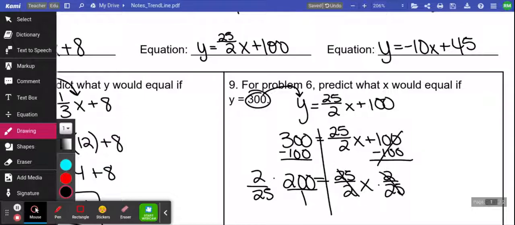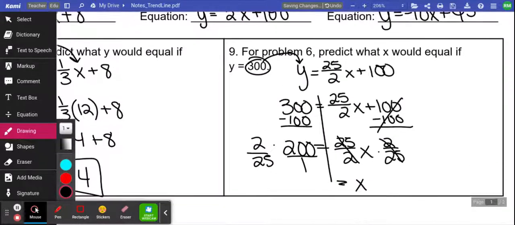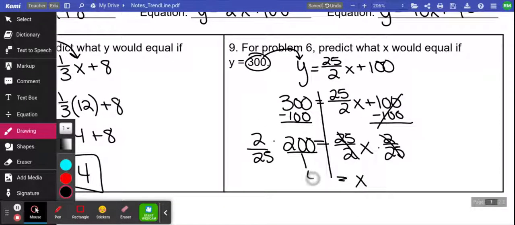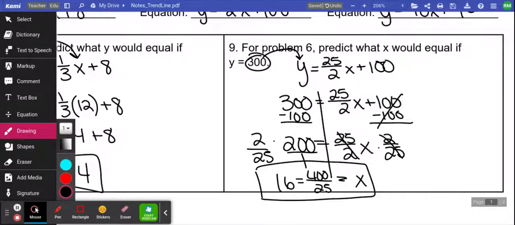These are going to cancel out. We're going to be left with x equals 400 over 25, which can simplify to how many quarters are in $4? That's how I would think of this problem. 16 quarters makes $4. That's our final answer. So when y is 300, x is 16.